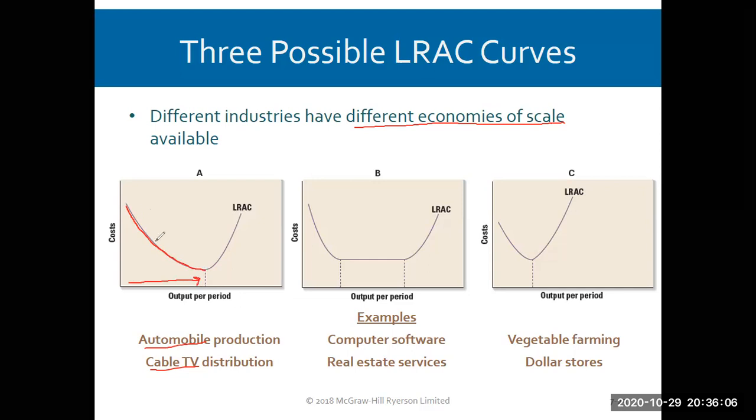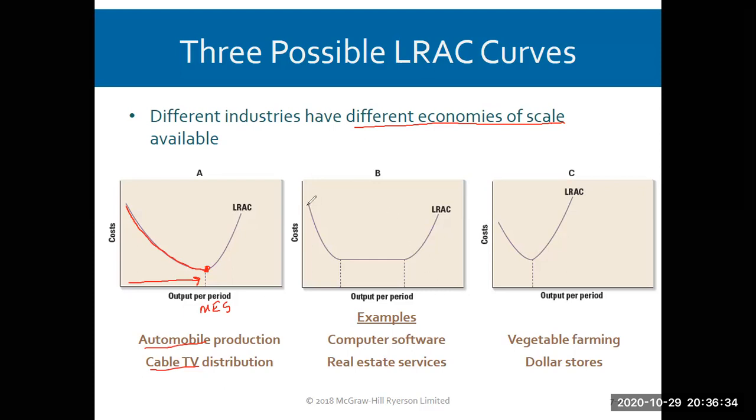So they've got a huge period of economies of scale before they reach MES, minimum efficient scale, and then they turn around and start showing increased costs. Okay, so we gave some examples of those types of companies that go through this, petrochemical companies, things like that get really, really big and achieve long run economies of scale for a lot of output.